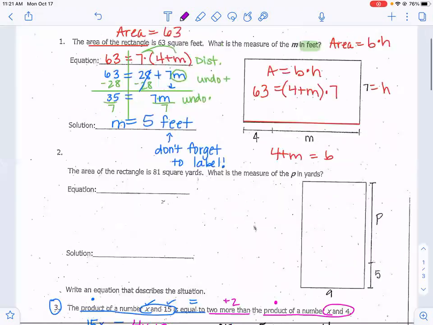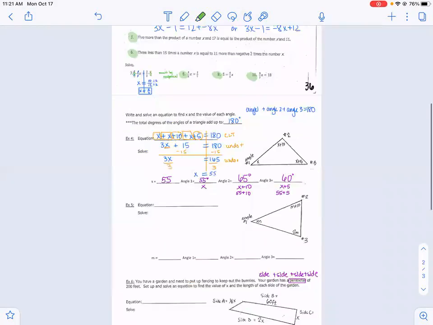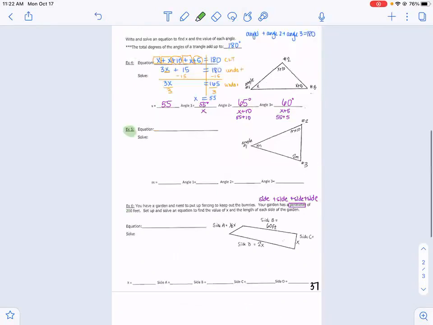And number 8, 9, 10. Yep. One, two, 3, 4, 5. It's double what we did together in class. That's about what we do. Right?